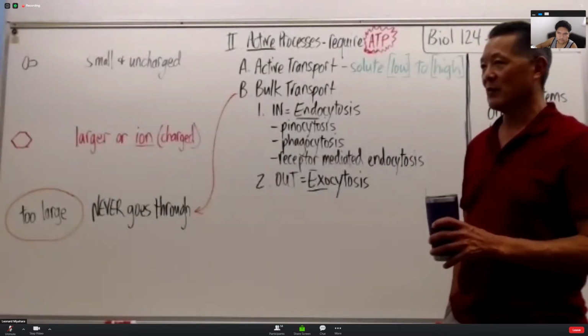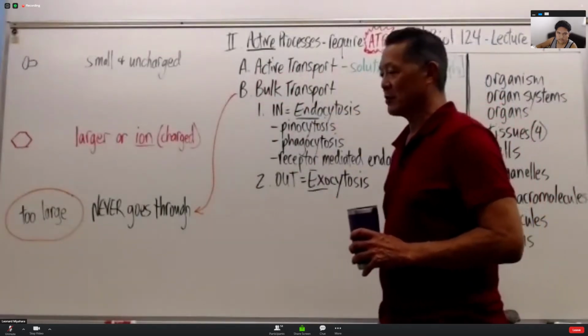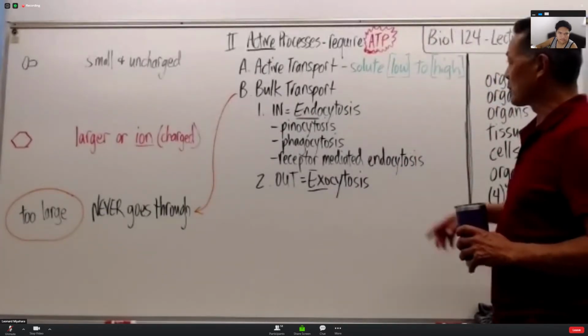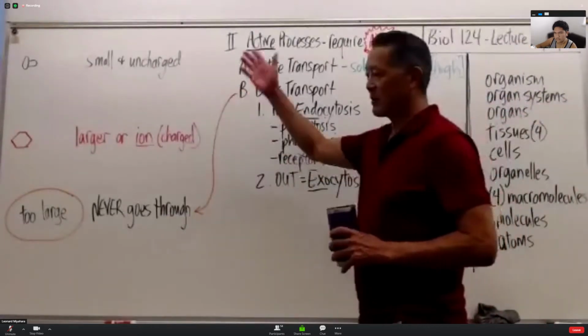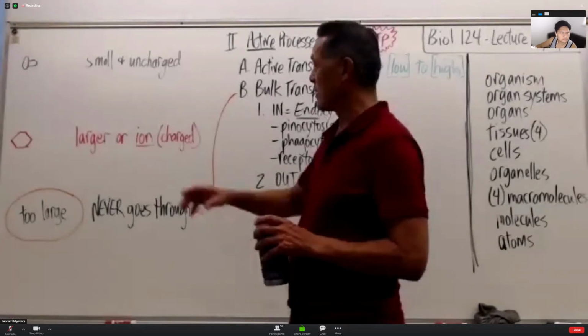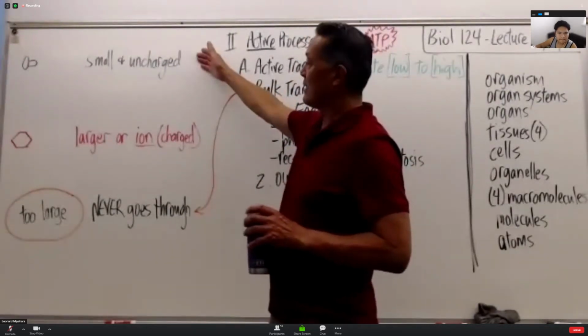and we only mentioned, and this is what we ended on last week, is active transport, and that is where solute is going from low to high, uphill. And remember the various solutes that we had in that one animation on selective permeability. We have some things that are small and uncharged. We have things that are larger or are charged.